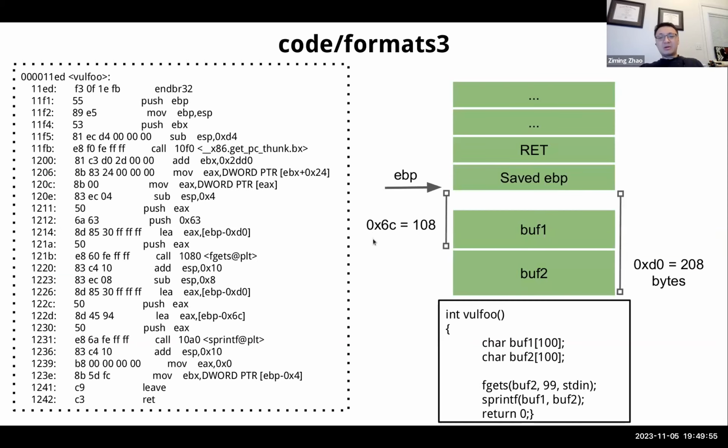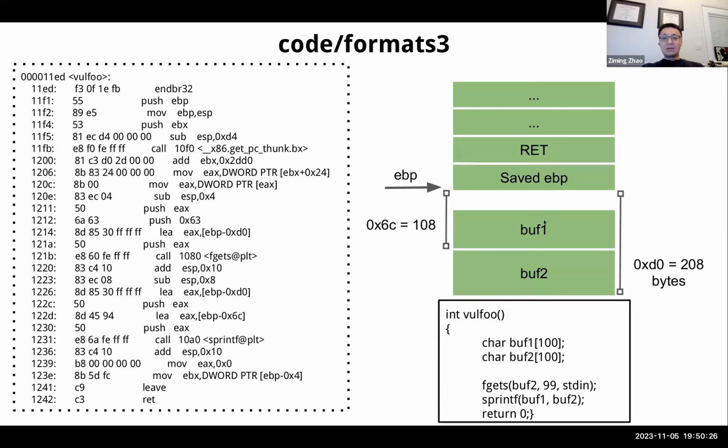Okay, so let's take a look. This is a disassembly of the format string. After analyzing the disassembly, we can say buffer 1 is actually at EBP minus 108 in decimal. Buffer 2 is actually at EBP minus 208 decimal. But this here is not what we're going to overflow. Buffer 2 is where we are going to put our format string.